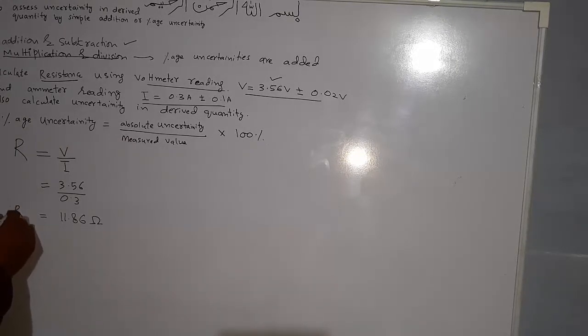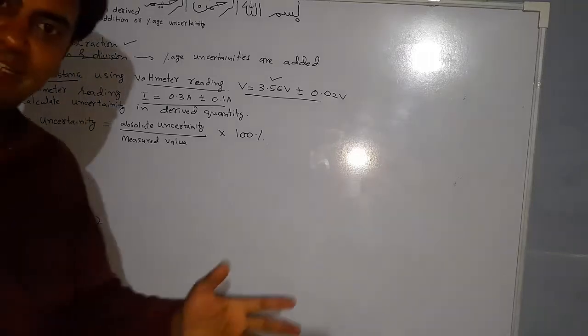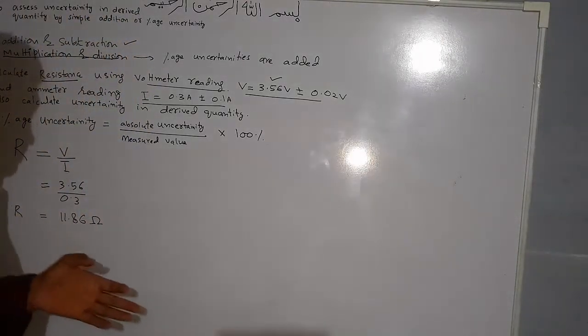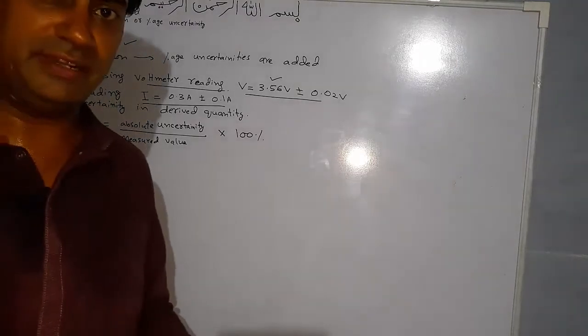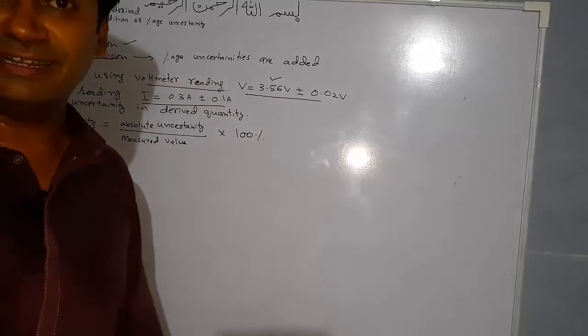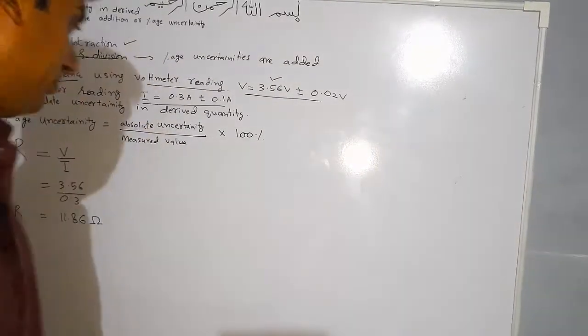Now the question arises: what will be the uncertainty in the final value? We have calculated this value, but what is its uncertainty? The rule says that percentage uncertainties are added, whether the quantities are divided or multiplied. The rule is the same.